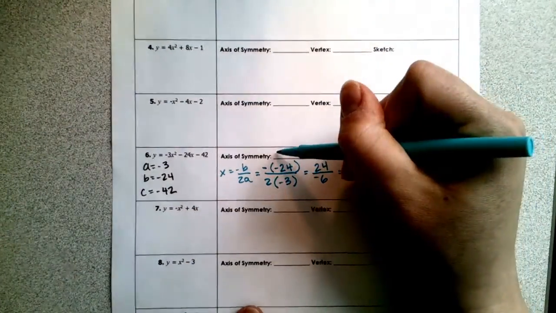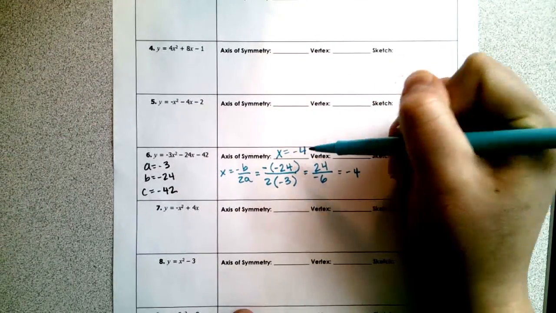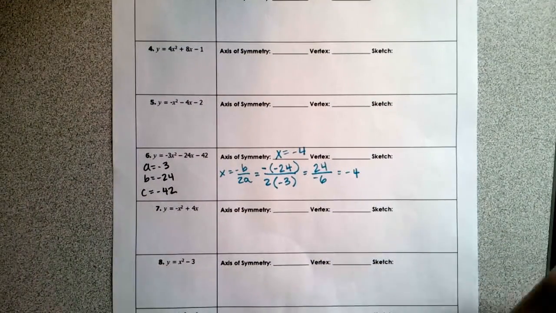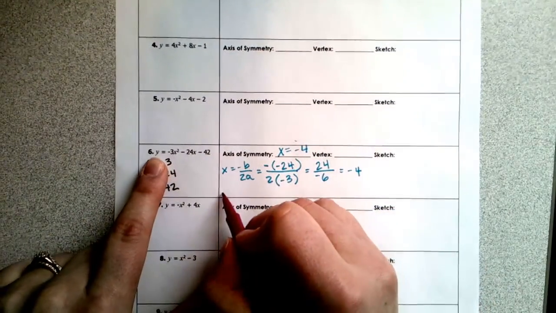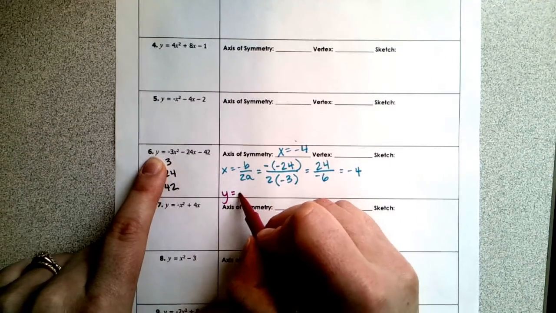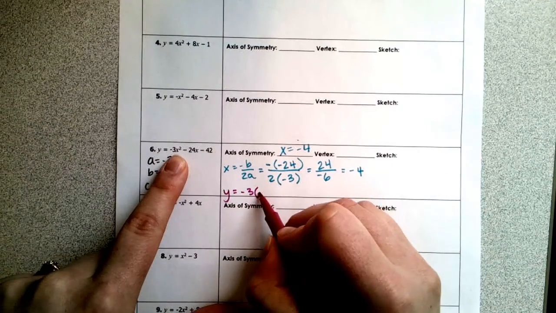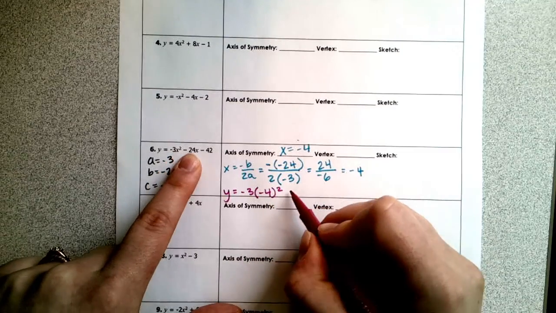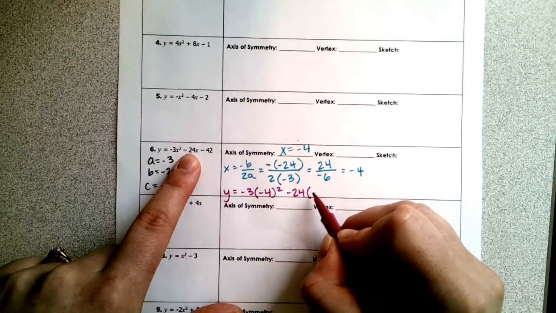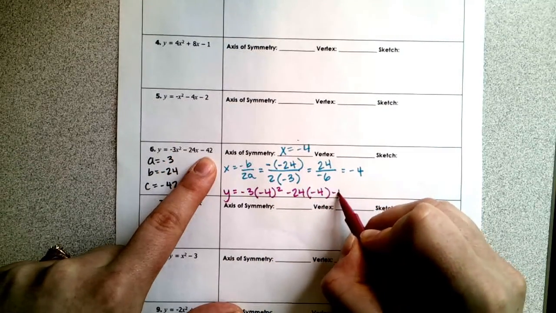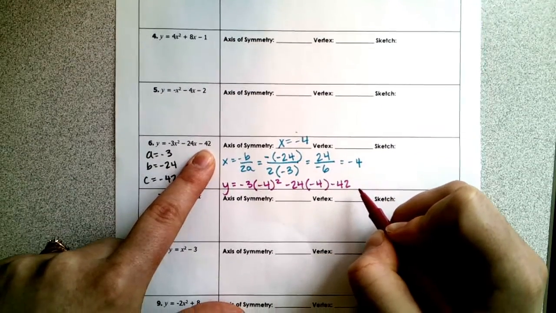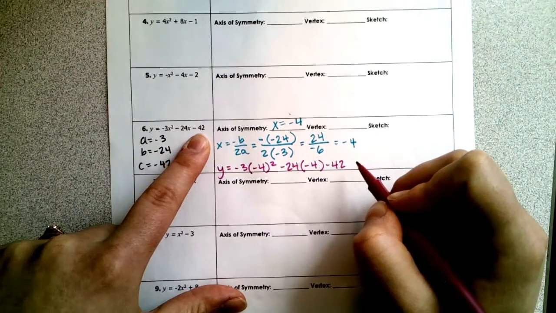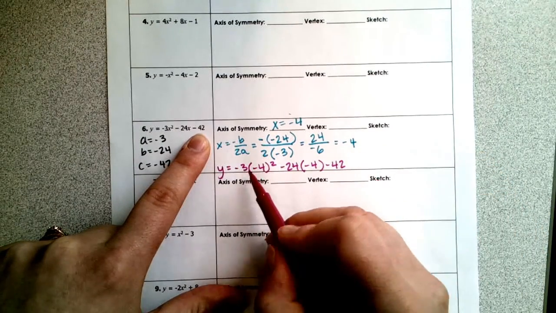And then our axis of symmetry is x equals -4. Again, for our vertex, now we just take that x value and we plug it in to our function. So y equals -3 times -4 squared minus 24 times -4 minus 42. If we simplify that a little bit, remember, exponents come before multiplying.